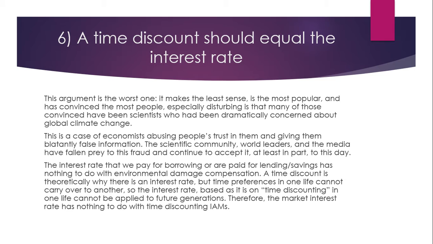The interest rate is determined theoretically by a time preference, but an interest rate does not determine a time preference. The market does not give us time preferences. Time preferences are a subjective choice. Number one. Number two, because people in the marketplace have a time preference for them and their generation, that has zero to do with how we discount other people, whether they're in this generation or in other generations.